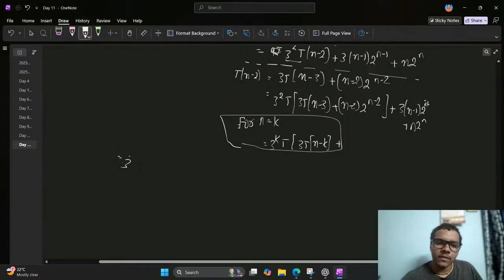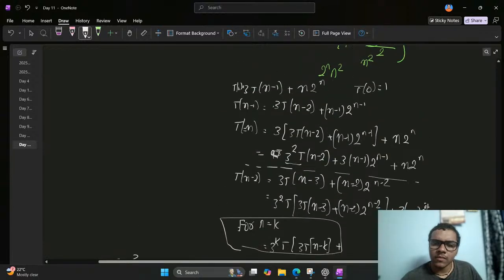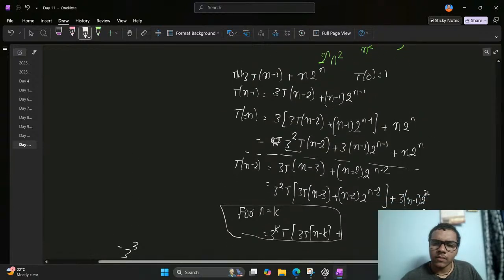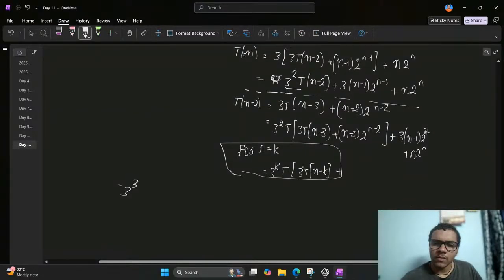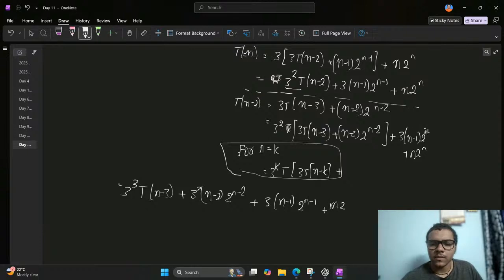Wait, it will be 3 cube. Yeah, so 3 cube T(n-3) plus 3 square (n-2)·2^(n-2) plus 3(n-1)·2^(n-1) plus n·2^n.